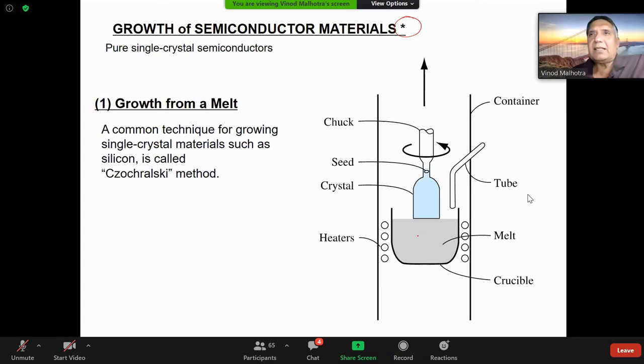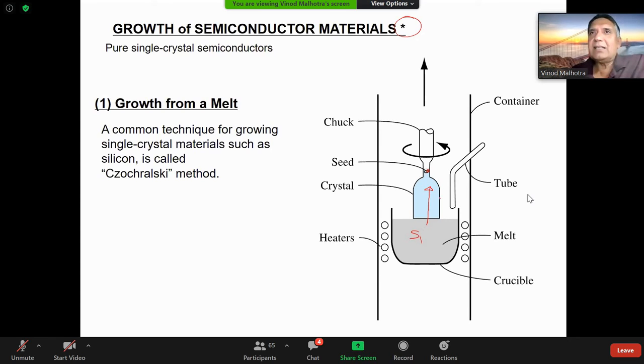So effectively, this is a melt. This is a silicon melt. It's purified silicon in a crucible. It's heated to very high temperatures, as you can see. And then a seed crystal is lowered into the melt, and then it's pulled. Of course, the temperature of this is very close to its melting point, so as soon as it comes up, it cools and solidifies.